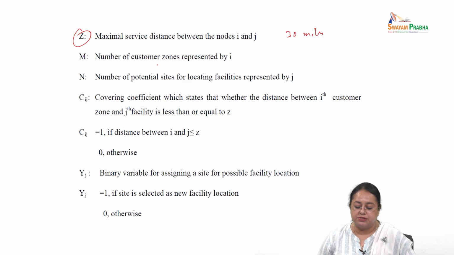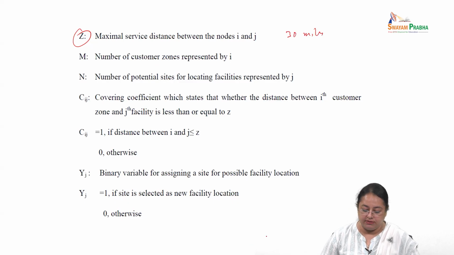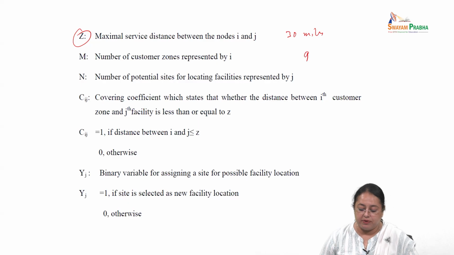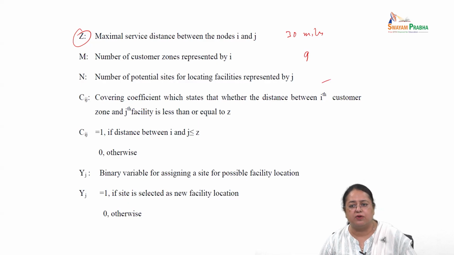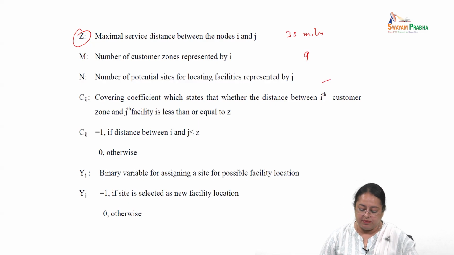Number of customer zones represented by I, we have 9. Now, number of potential sites for locating, this we want to determine. One facility we cannot locate, so that will be 8.